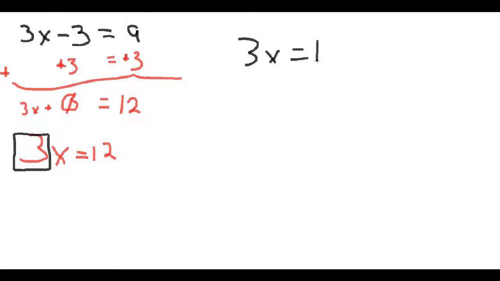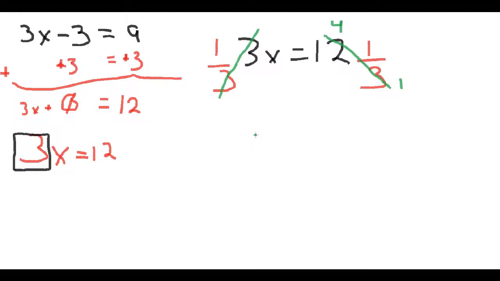So the reciprocal of 3x would be 1 over 3. Whatever we do on one side, we have to do on both sides. The 3's cross out, and same here. This will be 1. This will be 4.